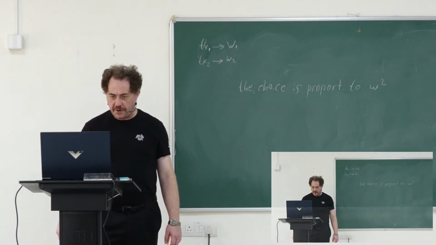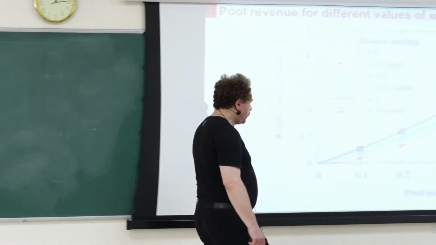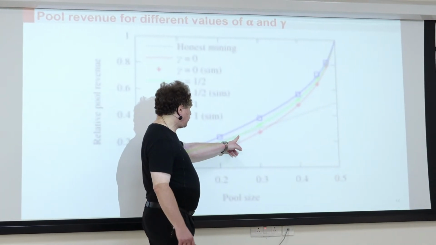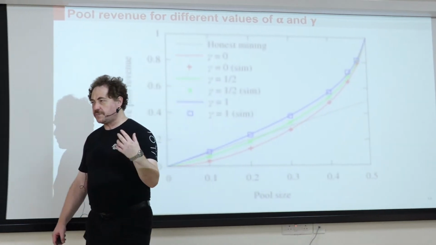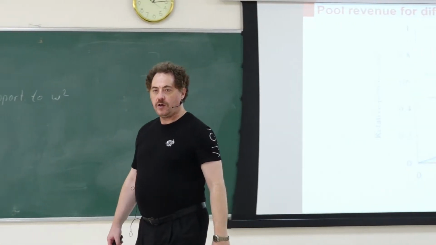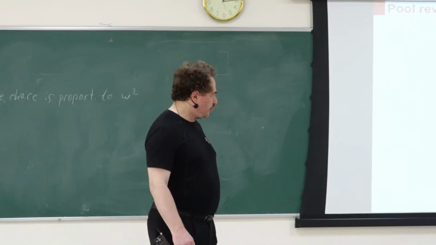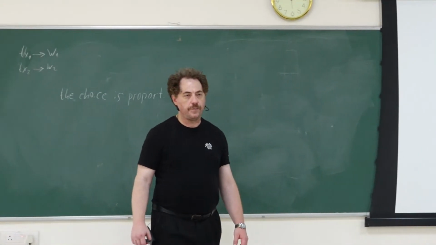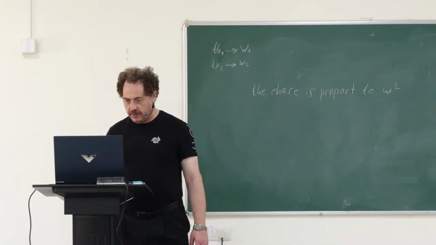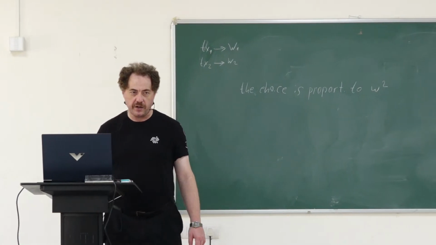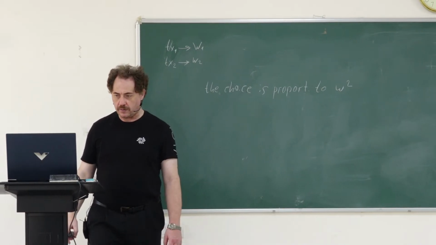And if gamma is equal to half, which is the middle curve, then selfish mining as a strategy overcomes honest mining as a strategy when alpha is 1/4, 0.25. So the closer gamma is to 1, the easier it is for selfish mining as a strategy to overcome honest mining.